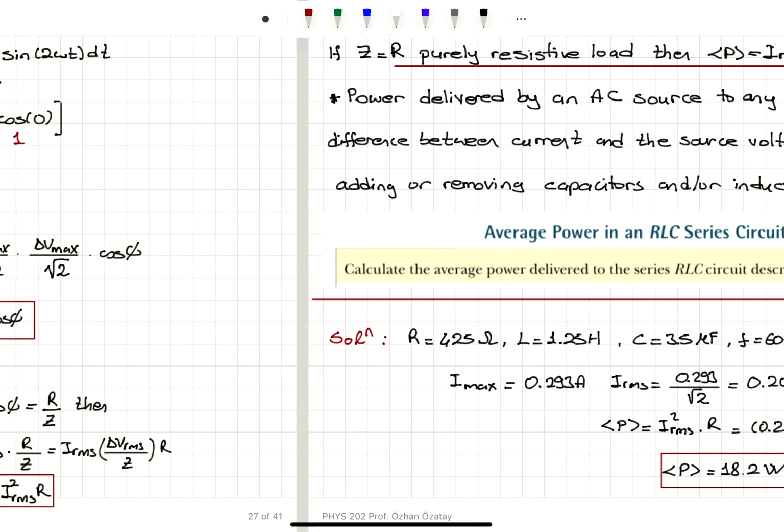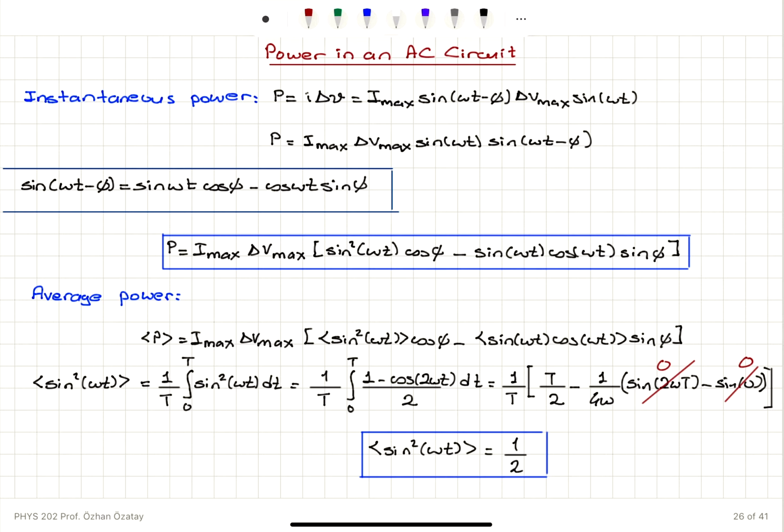Okay, so in this lecture we have seen that when we try to calculate the power in an AC circuit, we can do so for instantaneous power and average power. But when we report these values, really what we care about is the time averaged value of the power delivered to the circuit.